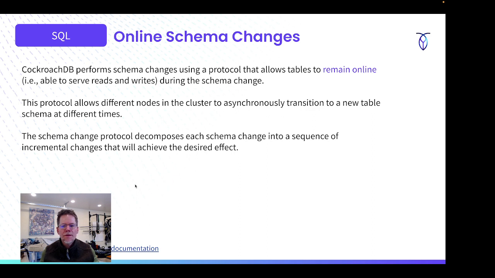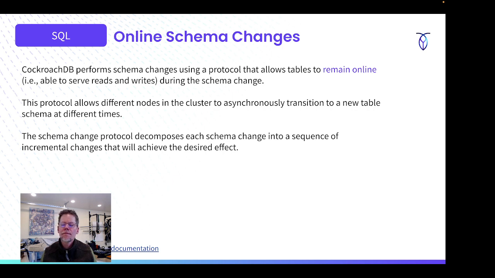So just one thing to mention is that CockroachDB can also perform online schema changes. We mentioned it in one of the earlier presentations, but one of the downsides of a lot of traditional databases is that you may need to take a table offline temporarily to apply a schema change.